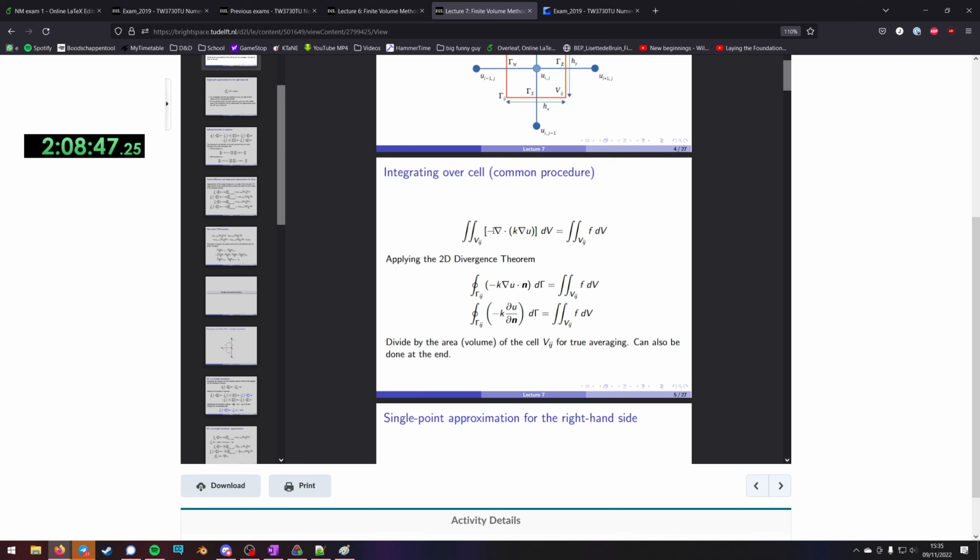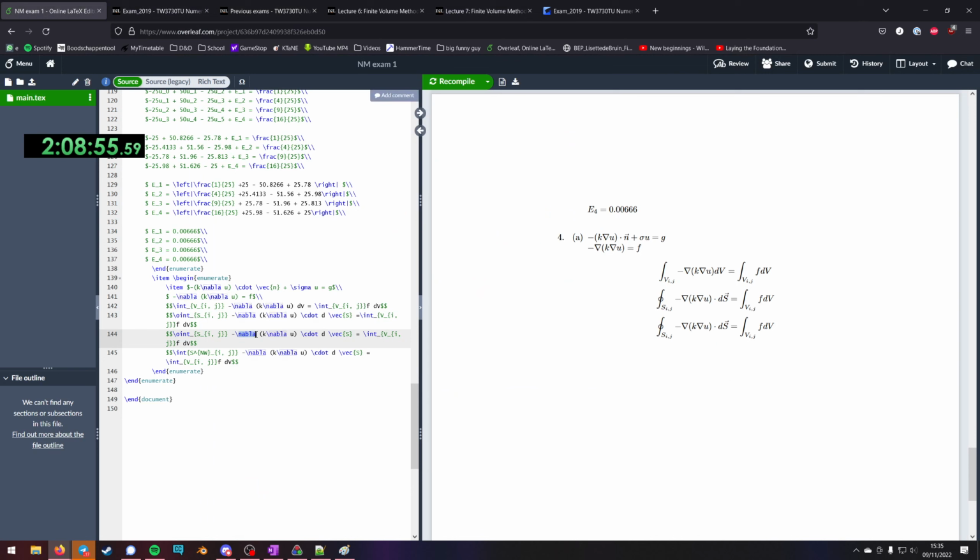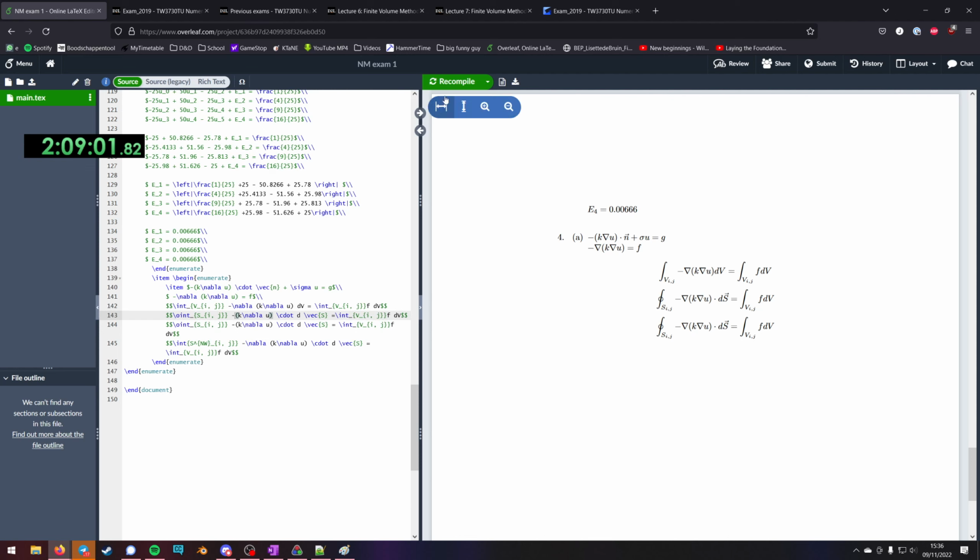Going from a volume to the edge removes a divergence. It doesn't add it. So that explains why I was saying we're not going to have three nablas.